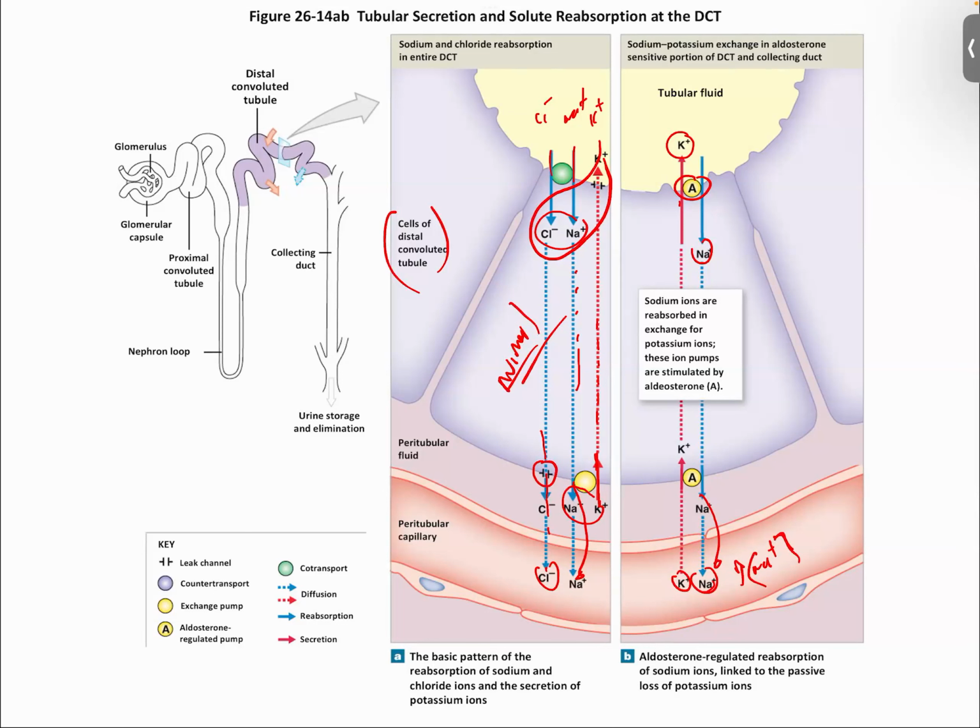Now, the important thing is, what's on the left-hand side is what happens normally, even in the absence of aldosterone. So you're always uptaking sodium at this basal rate. But then once you get a blood pressure crash and you start to trigger the RAS system and angiotensin 2 turns on aldosterone, you take what's on the left-hand side and add to it what's on the right-hand side.